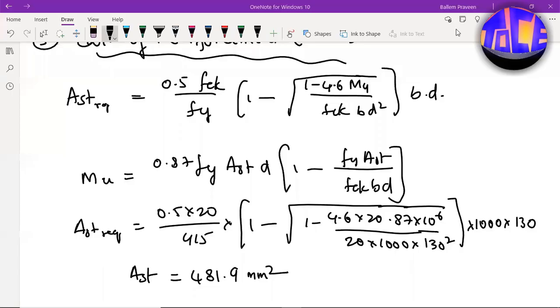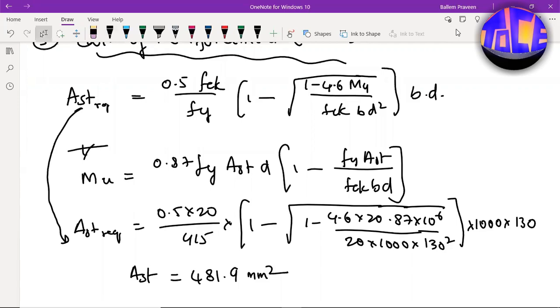I have used the first formula, but you can use any formula. If you use this formula, you'll get a clear-cut answer, whereas if you use the other formula, you'll get 2 answers. Here I got the area of steel as 481.9 mm square.